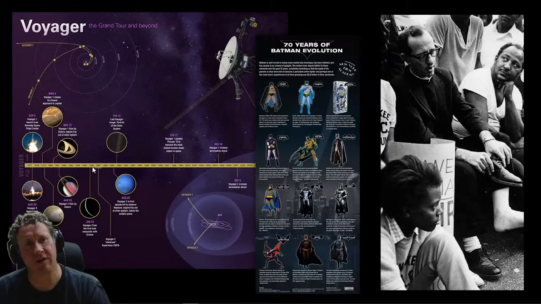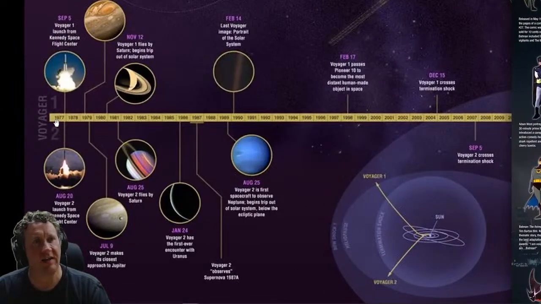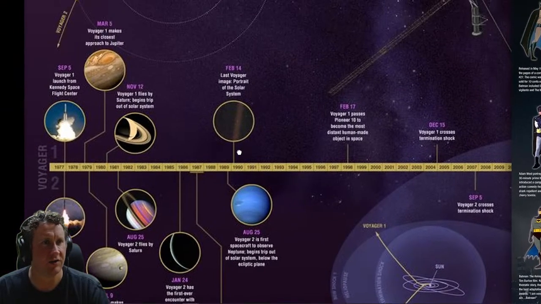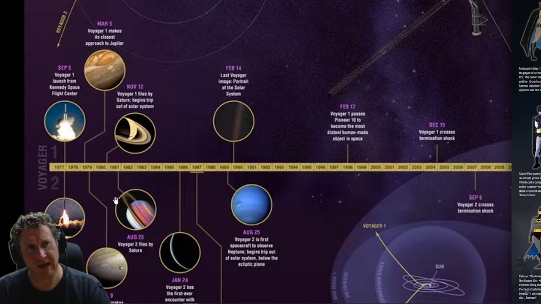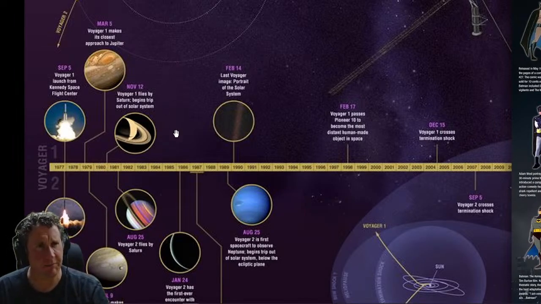So we look at Voyager here as an example. I'll zoom in, and you can see that it goes from the launch date up through, I can't remember how long it goes, 2010 or so. But here we've got planets, and these are all events and planets that the Voyager 1 and 2 satellites went to.